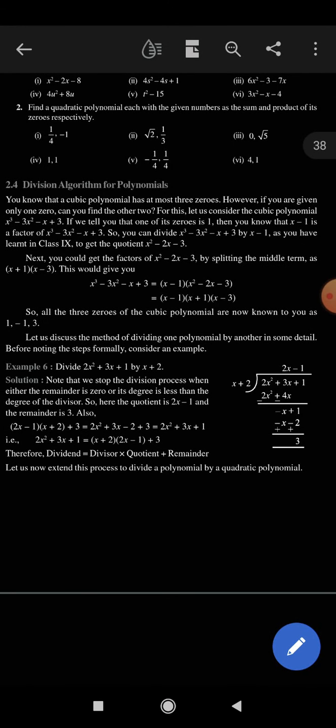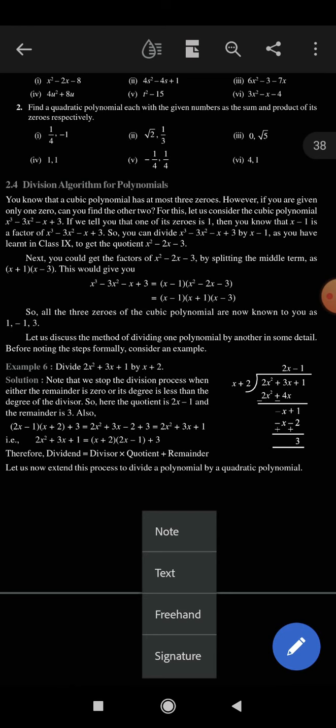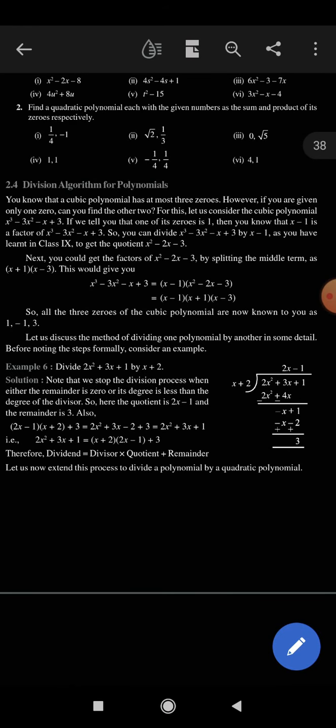Go to 2.4, division algorithm for polynomials. You know that a cubic polynomial has at most 3 zeros. However, if you are given only 1 zero, you can find the other 2. For this, let us consider the cubic polynomial x cube minus 3x square minus x plus 3.